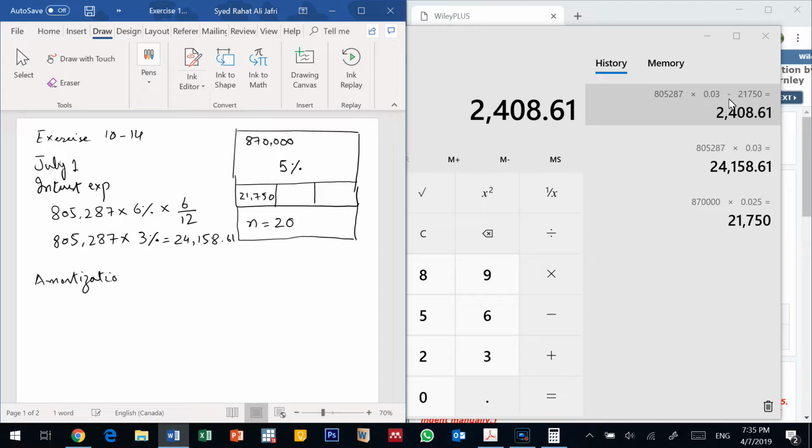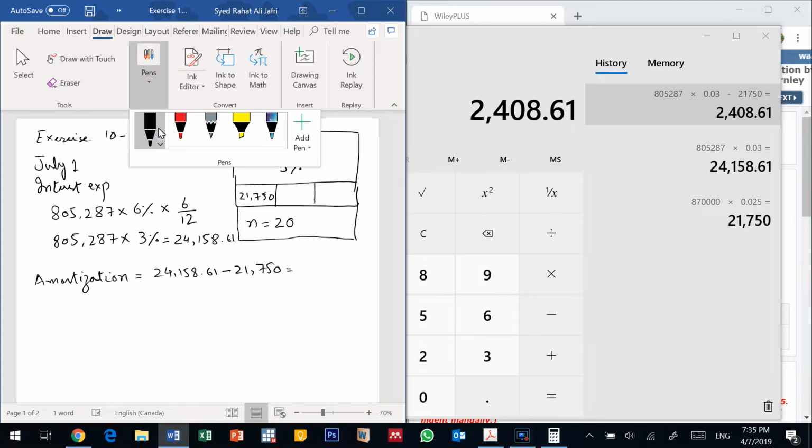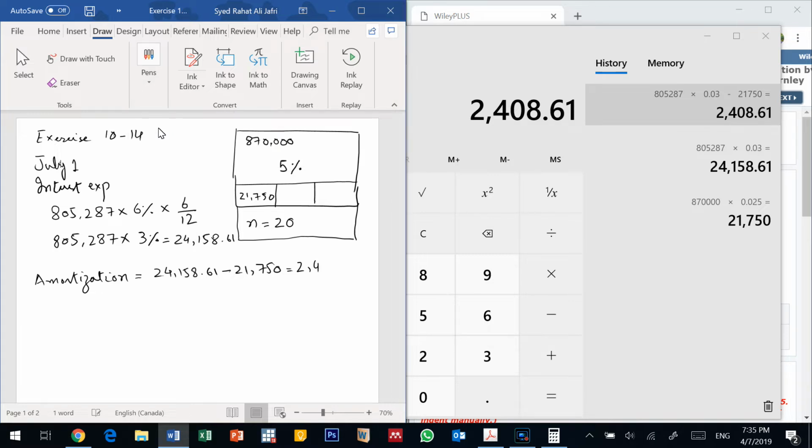And by the way, it is discount amortization. This means we are increasing the carrying value of the bond by this amount. Amortization is 24,158.61 minus 21,750, which is equal to 2,408.61.